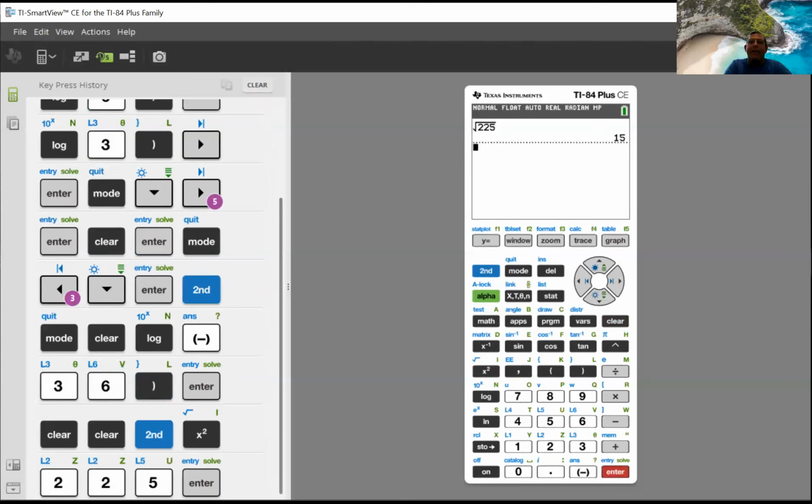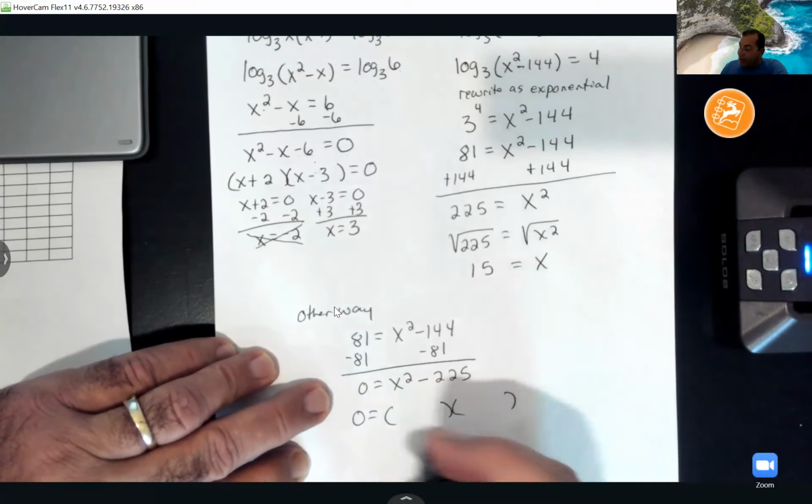Now, the other way you could have done it, you could have had 81 equals x squared minus 144. You could have pulled the 81 over and made this a 0. So 0 would equal x squared minus 225. And then that's where you would have factored that into conjugate pairs.